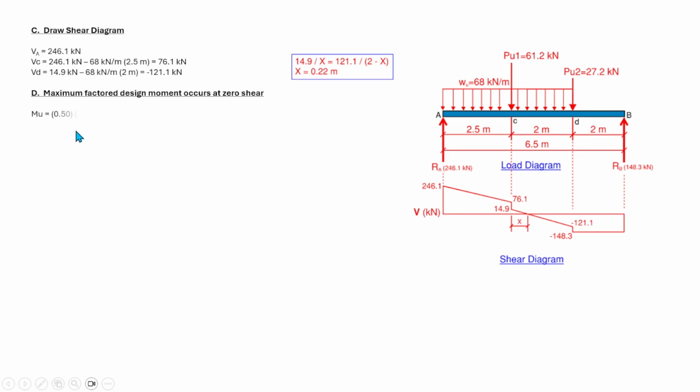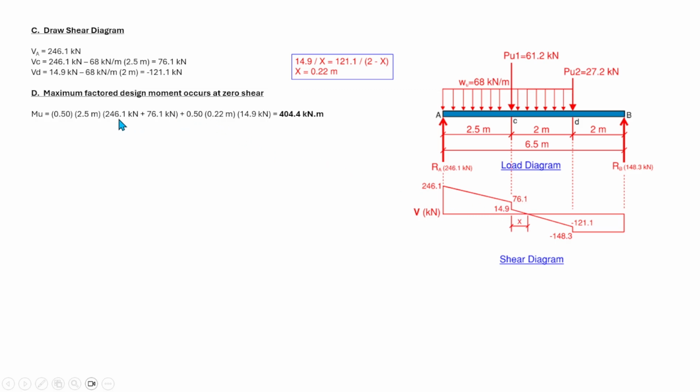To calculate the maximum moment Mu, that is equal to 0.5 times the baseline of the trapezoidal area, from here to there, which is 2.5, times the average height of the trapezoidal area, which is 246.1 and 76.1, not this one here.